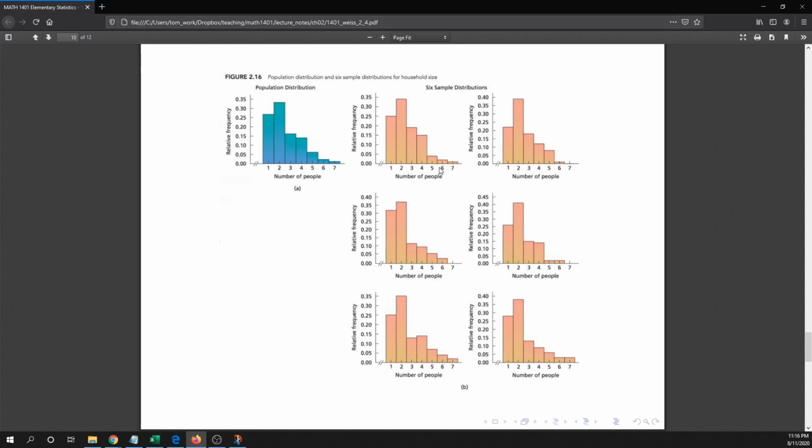You could take the sample data and make a histogram for it. Each one is going to be slightly different, because the sample depends on who gets picked to be in the sample, and so it's going to vary. So there are lots of these sample distributions, but only one population distribution.